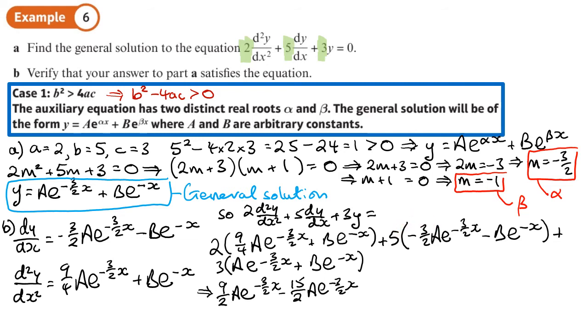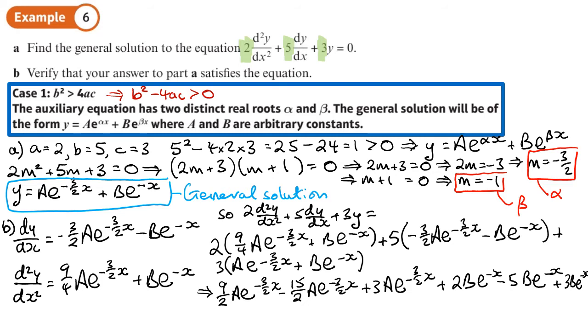Then the a terms will also have plus 3a e to the minus 3 over 2x. And then from the b terms, multiplying all the b terms by 2, I'll have plus 2b e to the minus x, minus 5b e to the minus x, plus 3b e to the minus x.